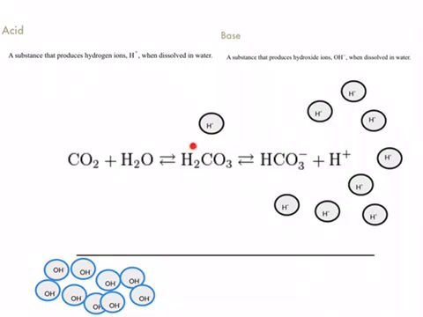carbonic acid. And like I said, carbonic acid doesn't stay carbonic acid for long because it will dissociate into carbon dioxide and water. What ends up happening is that this hydrogen, which joined up with the bicarbonate ion, becomes carbonic acid and then moves into turning into water.